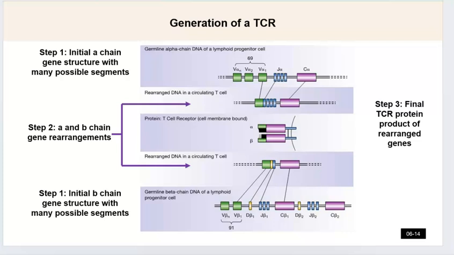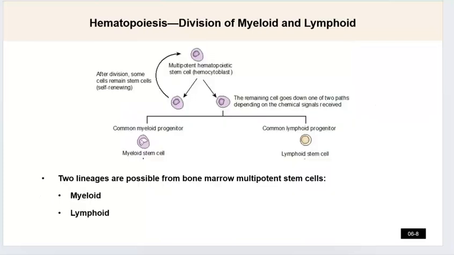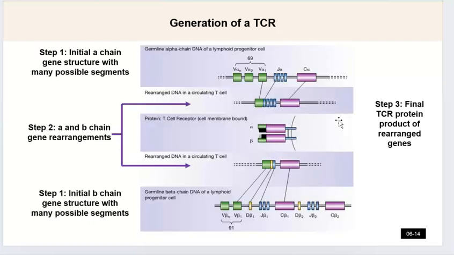Remember that if the progenitor cells from the bone marrow get to the thymus, they become thymocytes, cells that are committed to the T cell lineage. Okay? So back to this slide, if we come here and they become thymocytes, they're committed to this pathway. There's no going back to a different pathway.